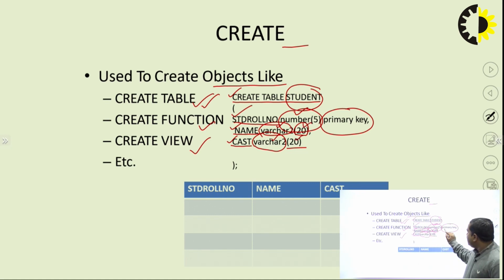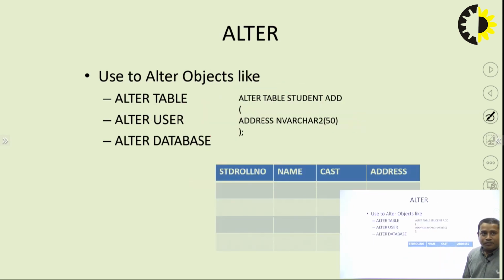Also the constraint is described here. For example, in this case the primary key is defined, and this primary key is student roll number for this relation. So basically the table will look like this, having the fields student roll number, name and caste.